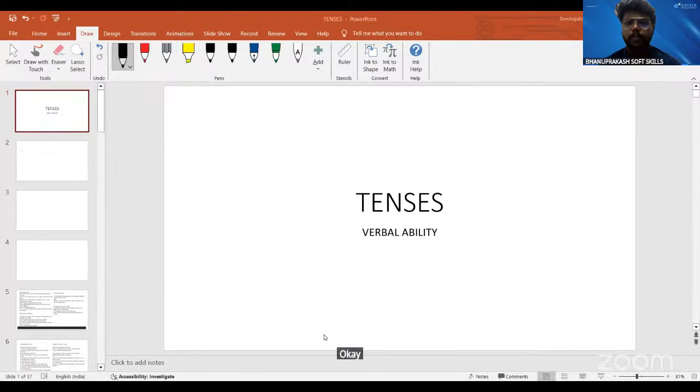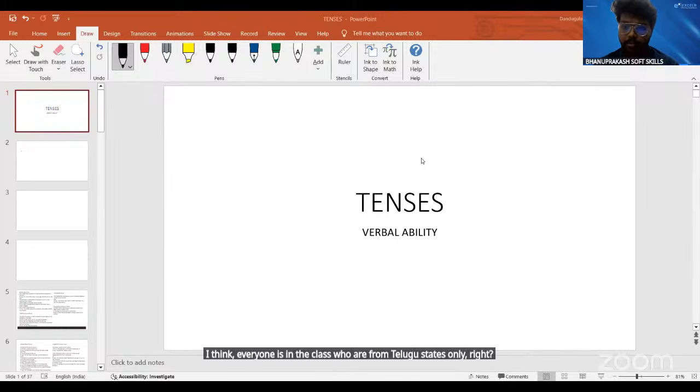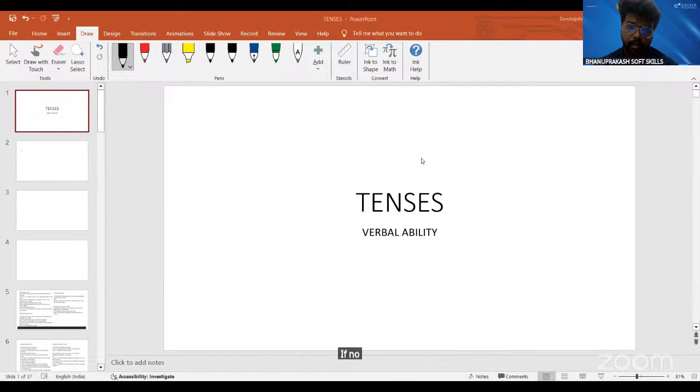Okay, simple. Can you explain once again? Right, it's simple. I'll tell you the Telugu sentences. I think everyone in the class is from Telugu states only, right? If not, you can raise your hand. If everyone is from Telugu states, then no issues.